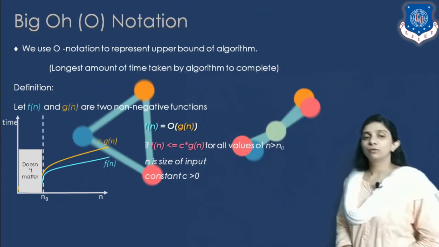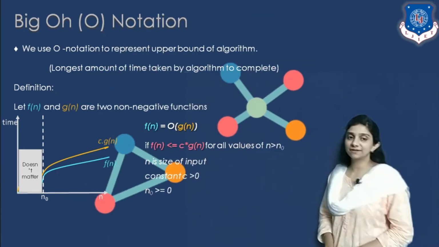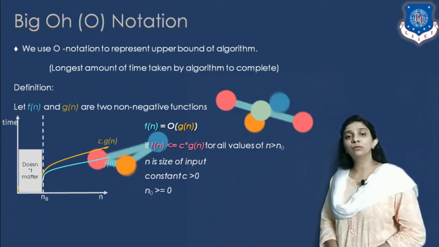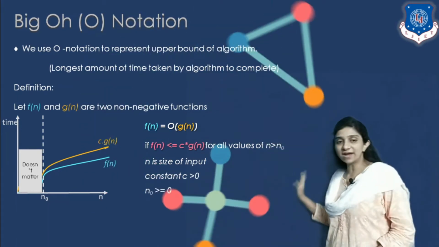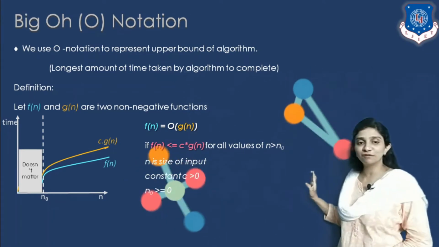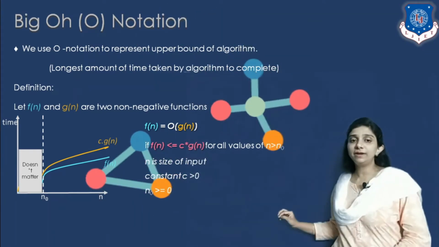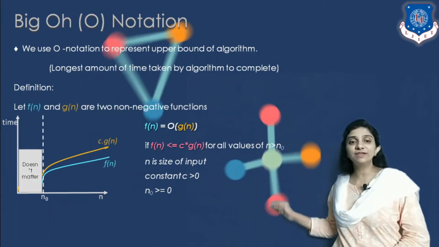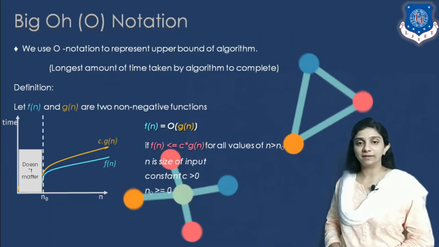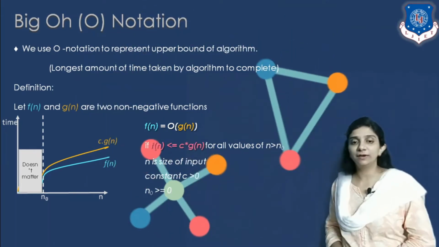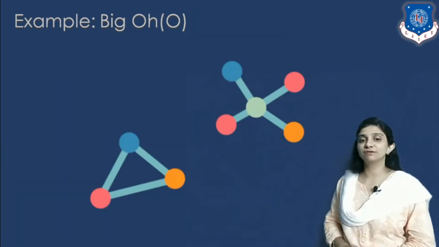Towards the left of n naught it doesn't matter who is greater and who is smaller, but towards the right of n naught, for all values of n greater than n naught, for every input my f of n is always less than c g of n, where c is a non-negative constant and input is always positive.